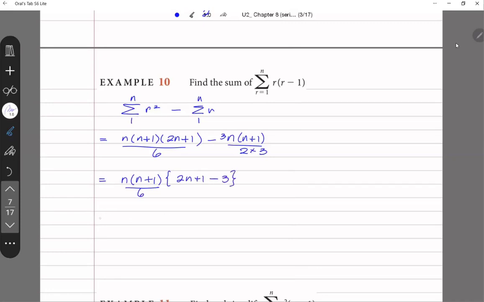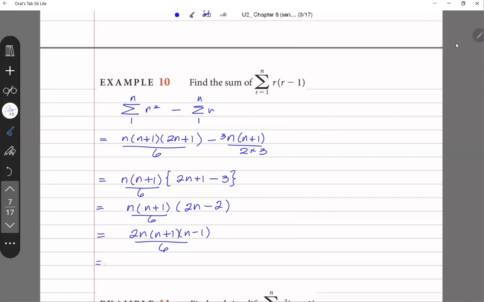It looks like something we did already. This becomes n into n plus 1 over 6 into 2n minus 2. Factor out the 2, we're going to get 2n into n plus 1 into n minus 1 over 6.